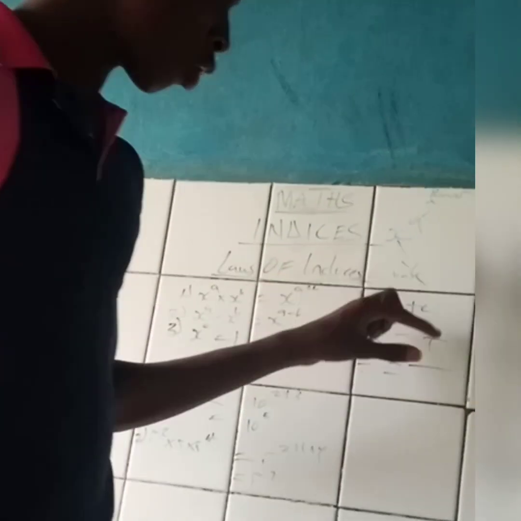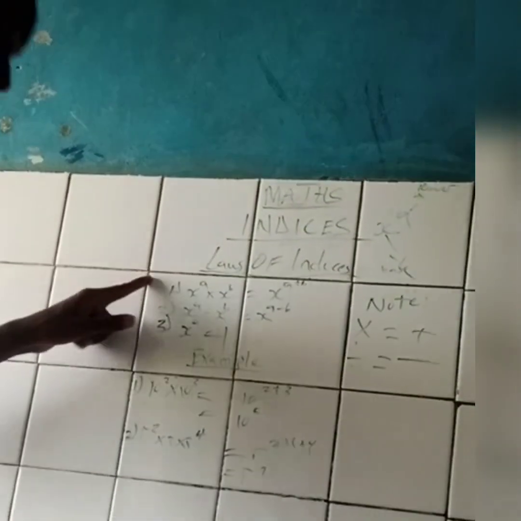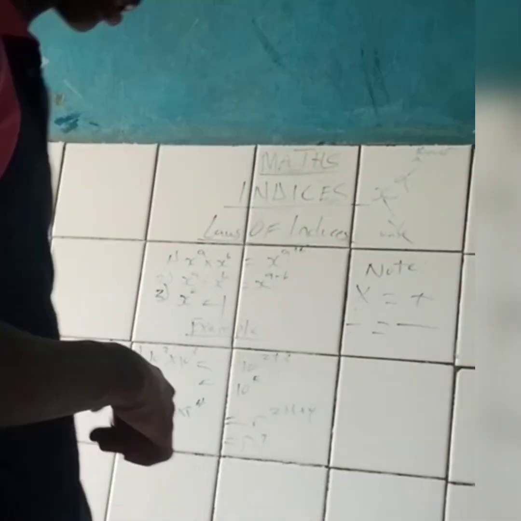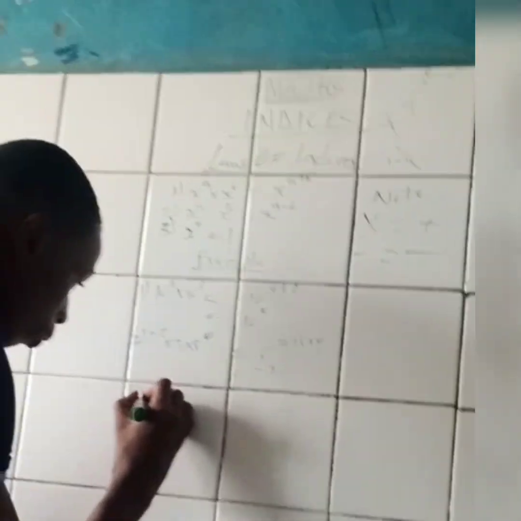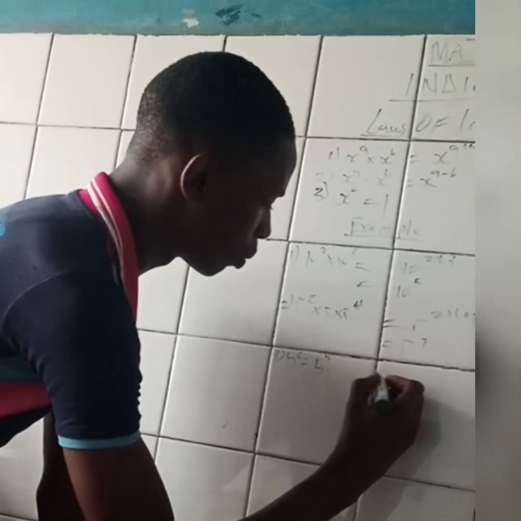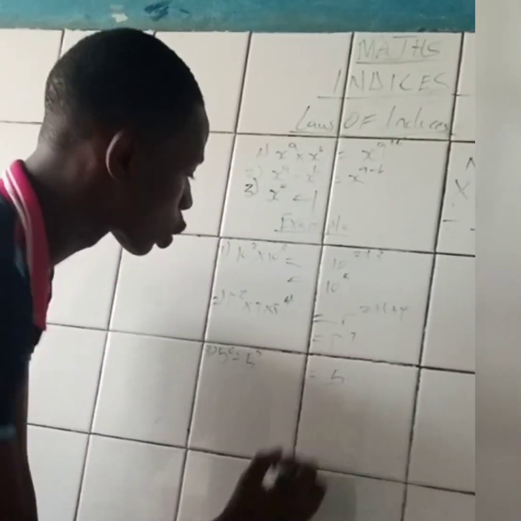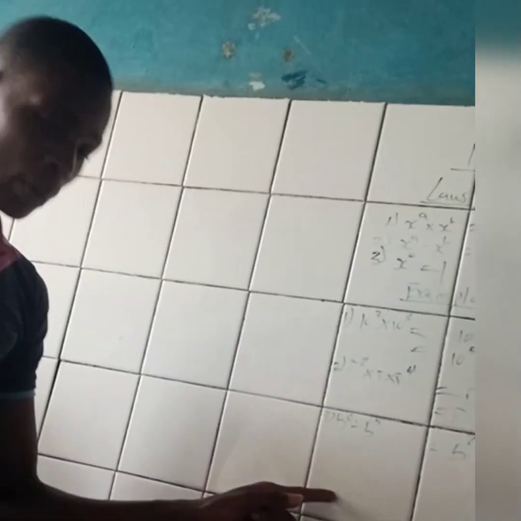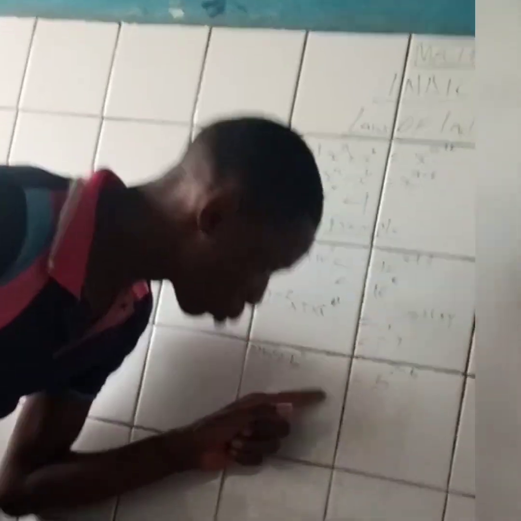Let's take two more examples, because the first two examples that we took were on the first law of indices. Let's try the second law of indices. Let's use 5 raised to power 8 divided by 5 raised to power 5.